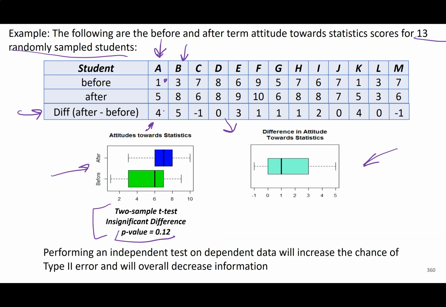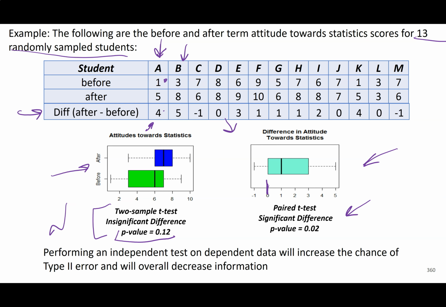Now one thing to think about is, on average, if people didn't change at all, this difference would be near 0. So do we think that the average difference in attitude is 0? If you run the paired t-test, you're going to find that there is significant evidence that there is a difference in attitude.